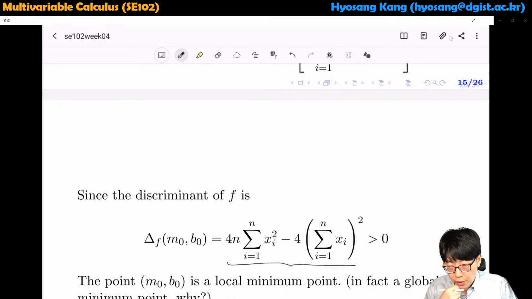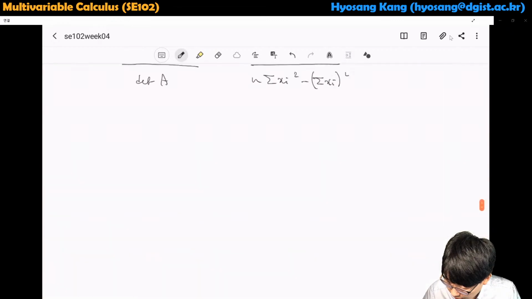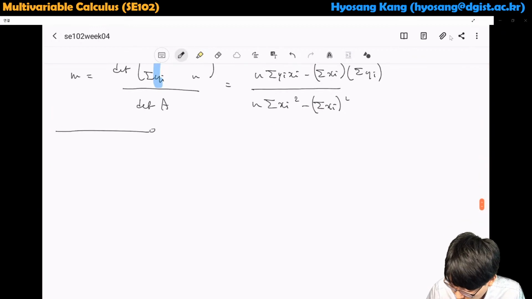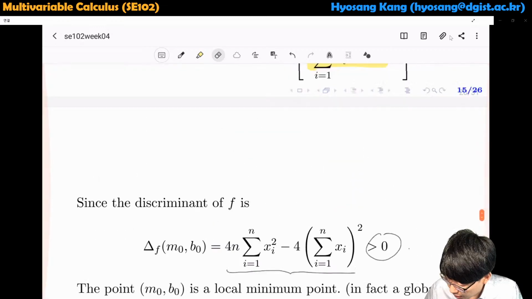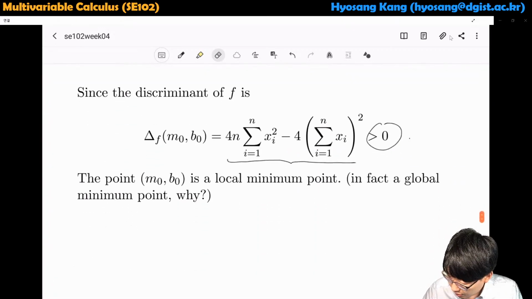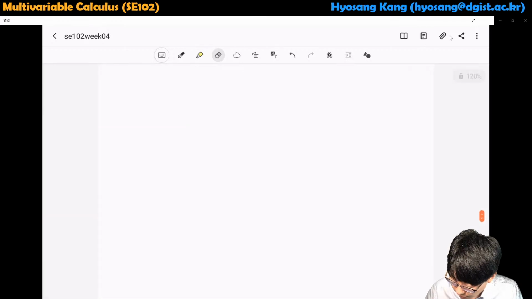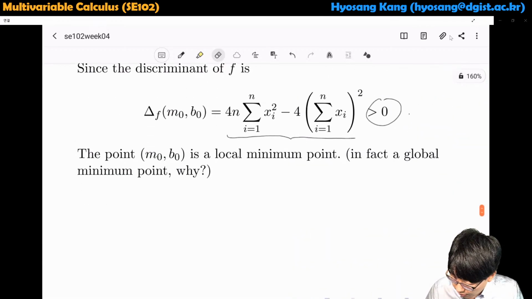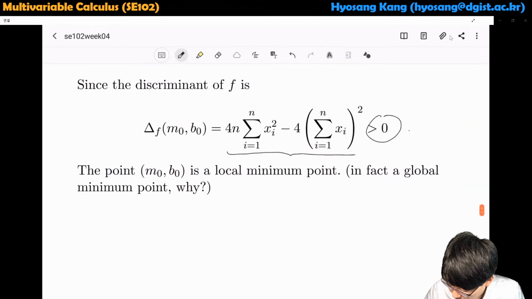Now, this is always positive. Why? Let's think about why here. Let me make another page here. So let's copy this formula. Well, I don't need 4 here, right?